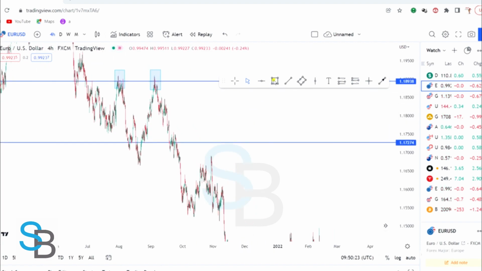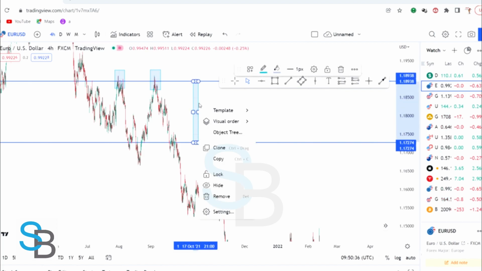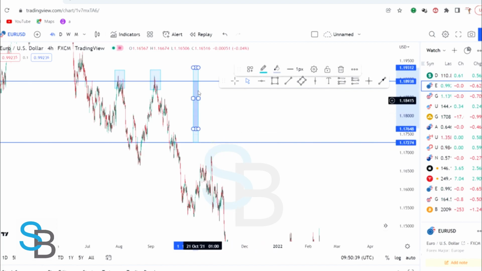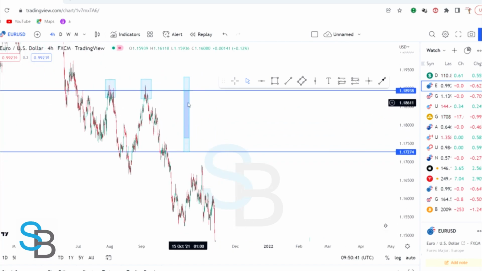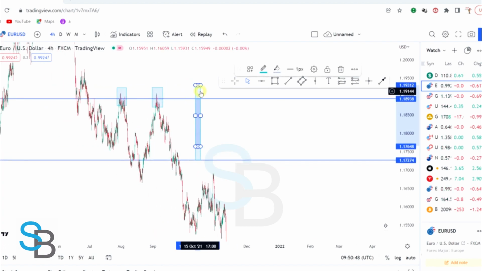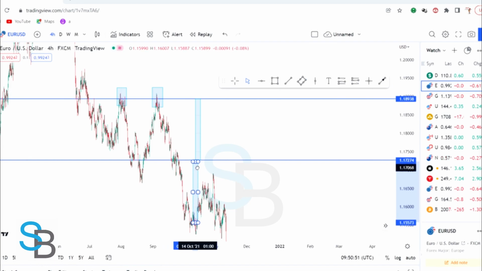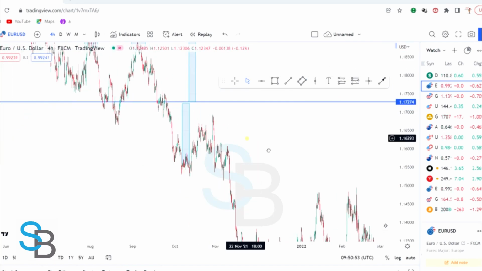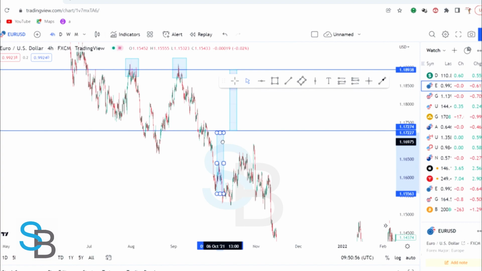Now when we take a rectangle tool, for example, and draw this, that's from here to here, and then clone it. Now when we clone it and compare it to this place, we can see that the principle of the double top has been fulfilled, because the market came, broke this neckline.